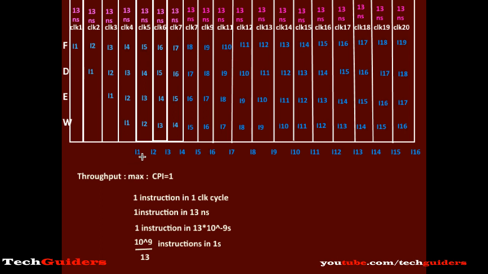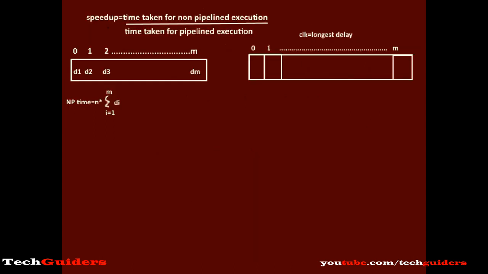From then on, for the remaining n-1 instructions, the time taken is 1 clock period, where the clock period is set to the longest delay.